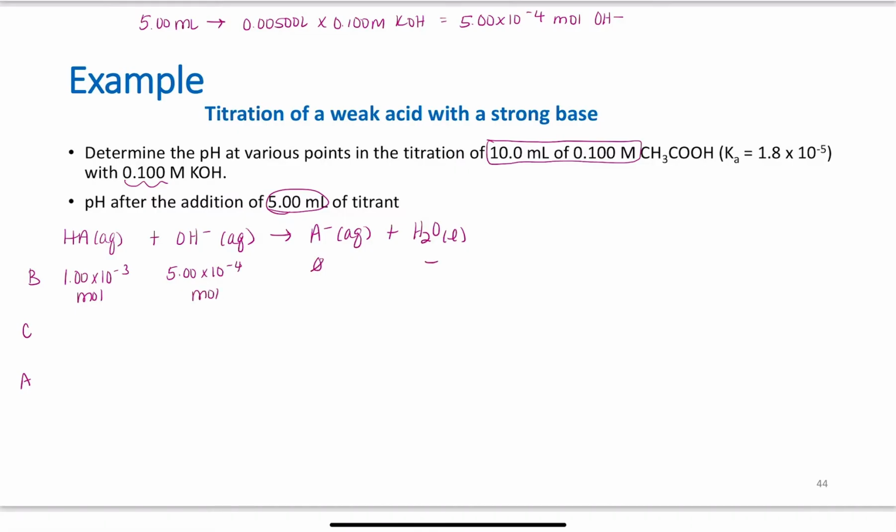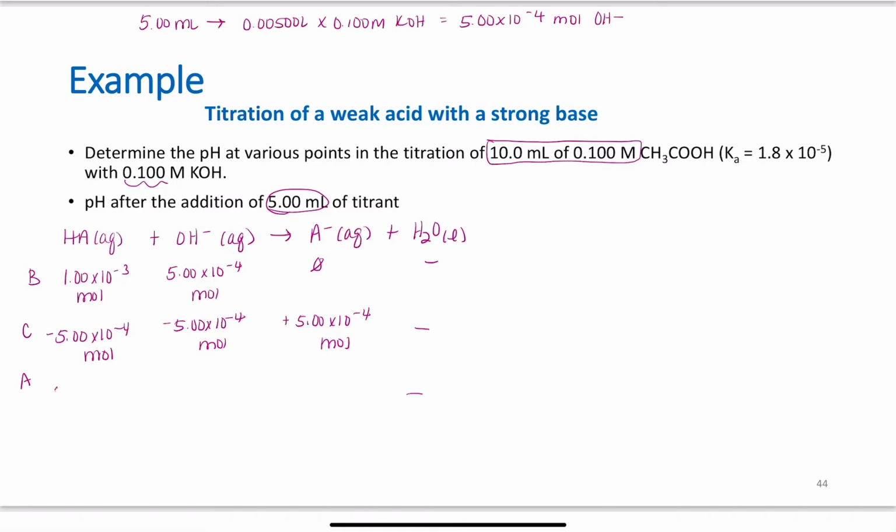I don't have any of my A minus to start, and water is ignored because water is staying virtually constant throughout. Minus 5.00 times 10 to the minus 4th moles, minus 5.00 times 10 to the minus 4th moles, plus 5.00 times 10 to the minus 4th moles.